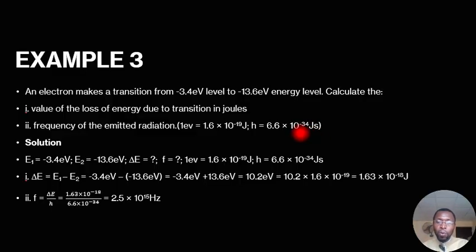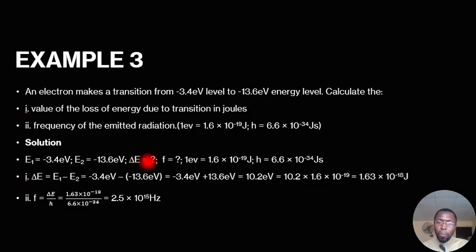Very simple as well. We write out our parameters. Now, the energy level 1 of the electron happens to be E1, and that is minus 3.4 electron volts. And then the energy level 2 of the electron after transiting is minus 13.6 electron volt.